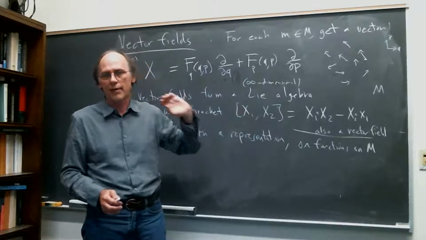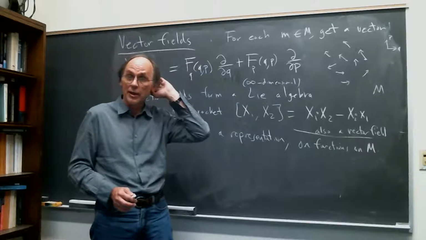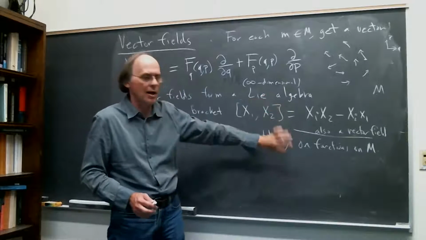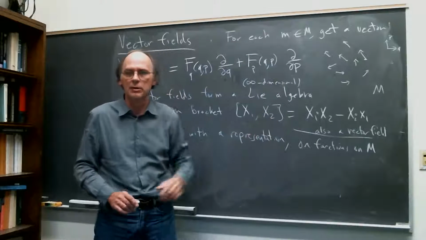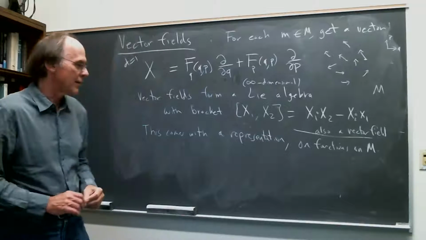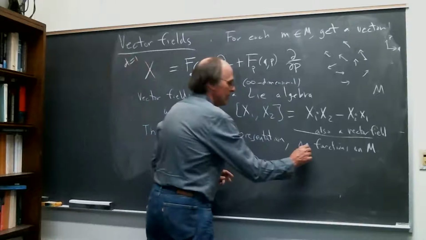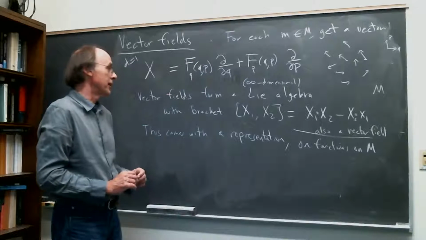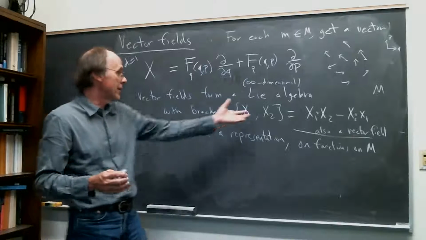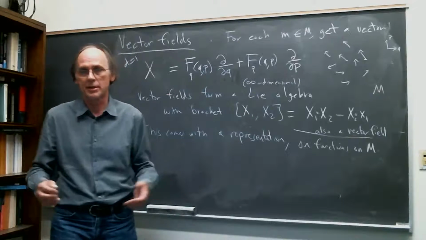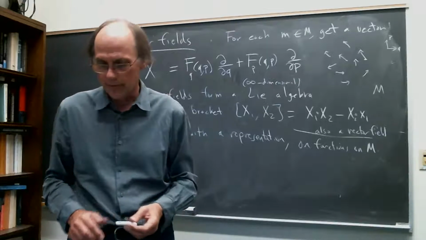You can't get very far because of the infinite dimensionality and the fact that this is a highly reducible representation. So that doesn't lead to any particularly nice theory, but it is a Lie algebra with a representation. So in that sense, you've heard about it before.